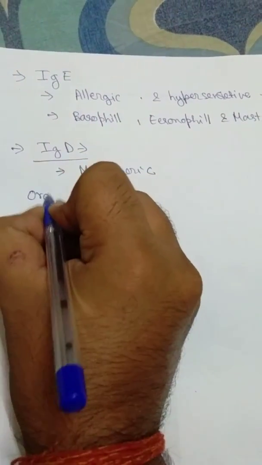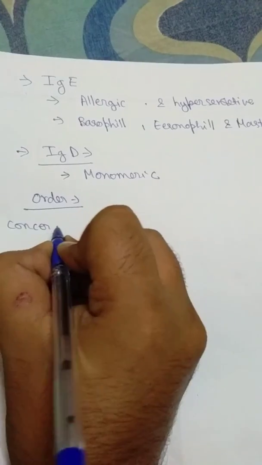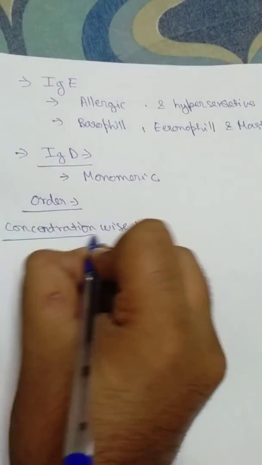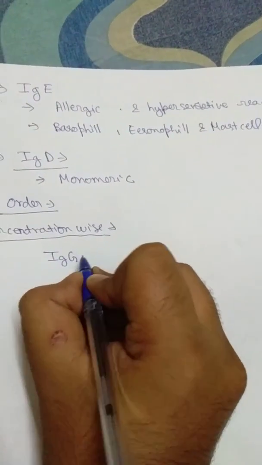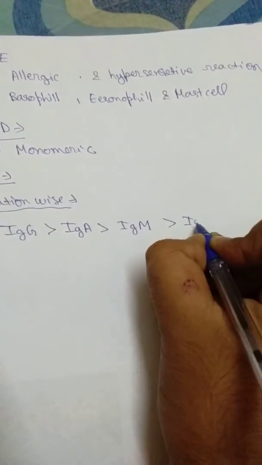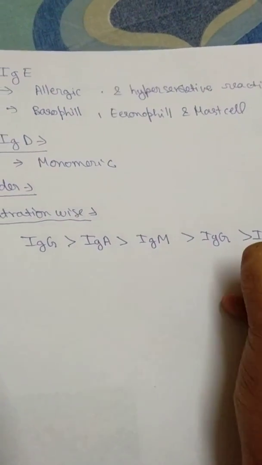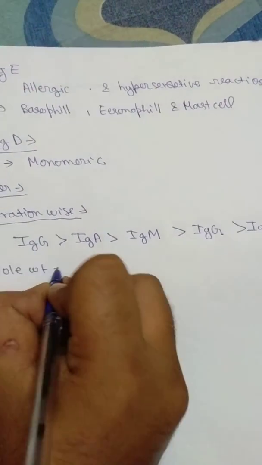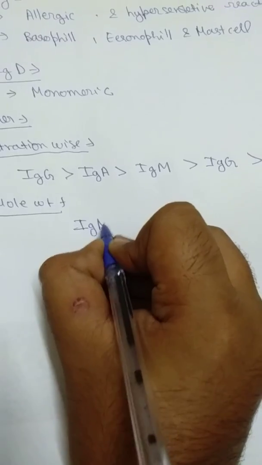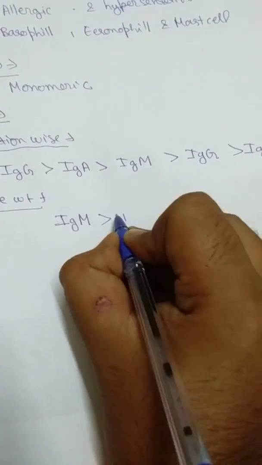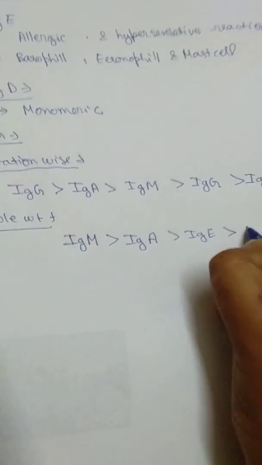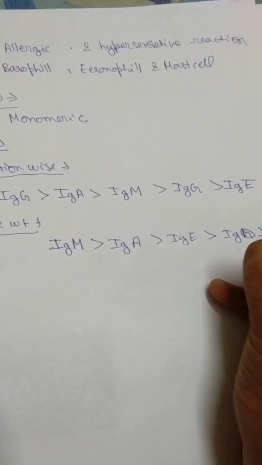Order-wise, concentration-wise, IgG is greater than IgA, greater than IgM, greater than IgD, greater than IgE. Molecular weight-wise, IgM is greater than all other immunoglobulins because IgM is pentameric, and after IgM is IgA because it is dimeric, then IgA is greater than IgE, IgE is greater than IgD, and IgD is greater than IgG.